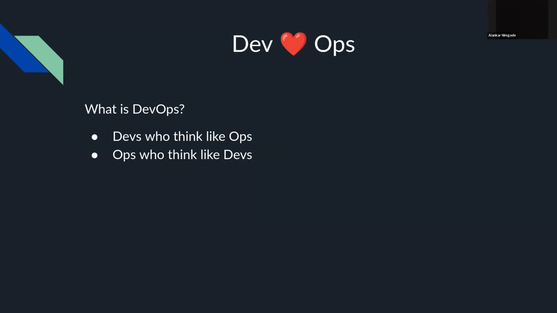And as an operations person, you would need to understand what kind of infrastructure it needs, what kind of automation it needs, and how it would behave on any kind of environment.